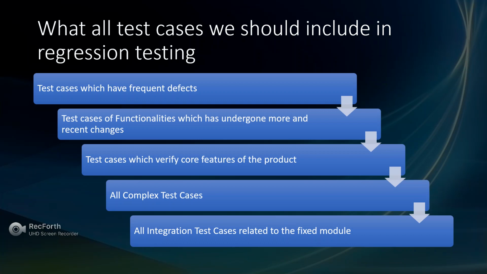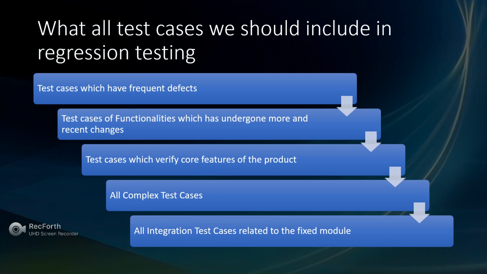If it is a payment gateway, you have to test the payment, even if they have changed something related to maybe some fee or some product. Also try to add the complex test cases, the major ones again, and all the integration test cases, meaning the ones which are somehow linked to that module.